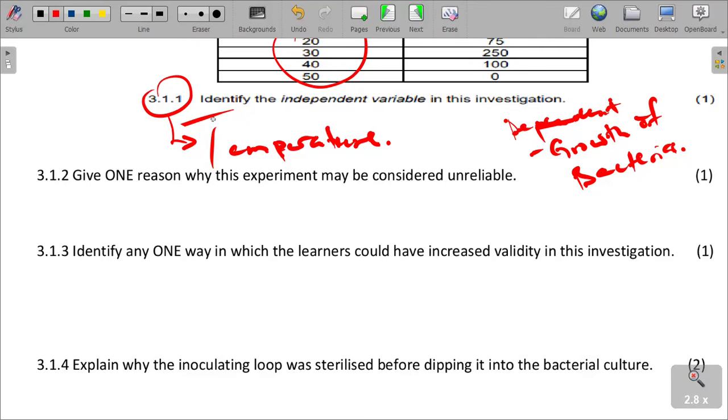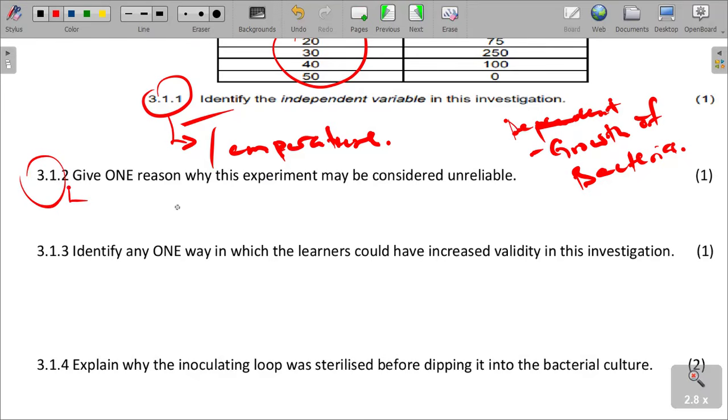Give one reason why this experiment may be considered unreliable. There are certain practices that make an experiment reliable. Reliability of results is affected by many factors. We can talk about repetition of the investigation, an increase in the sample size, and maintenance of environmental conditions across the setup points.